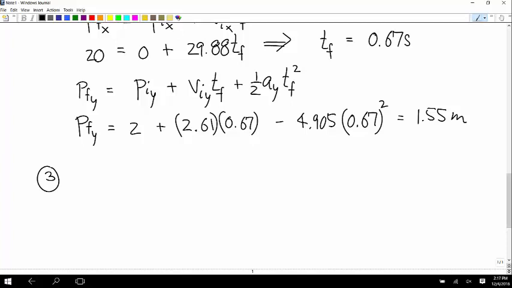And then number 3 is the block sliding along an incline. So this angle's 30 degrees.